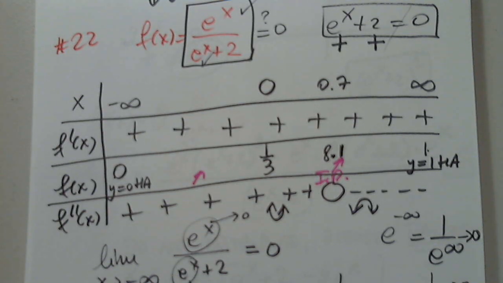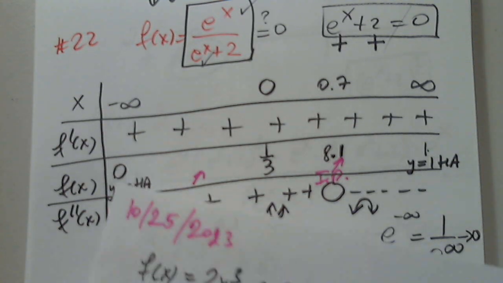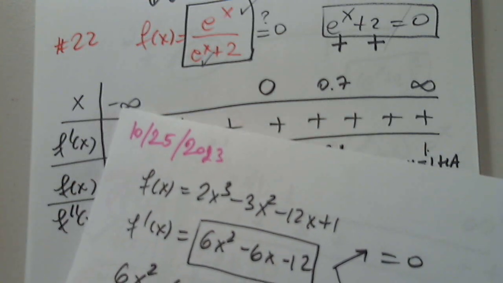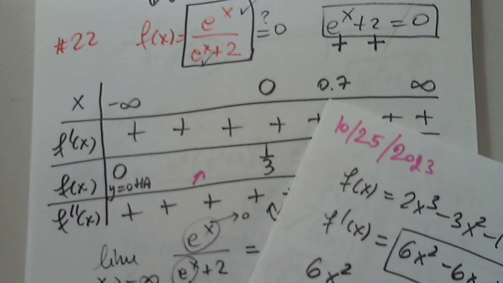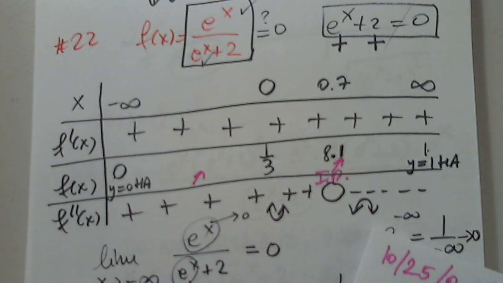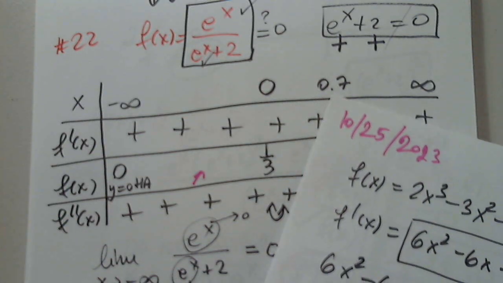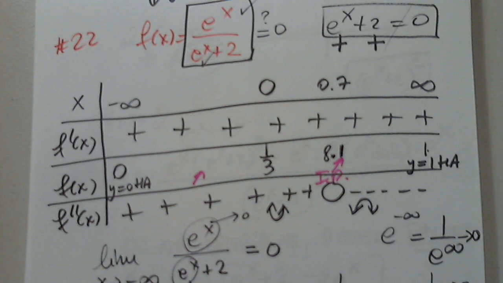So it's concave up until that inflection point. Yes, from negative infinity to 0.7. Excellent. And it's concave downward from 0.7 to infinity. That's it.